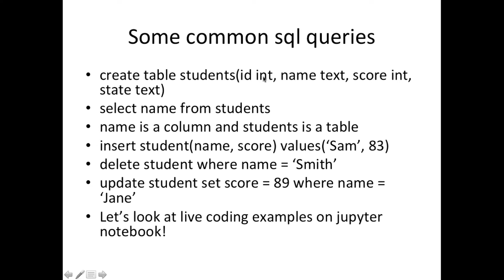And this is the type of the columns. ID takes integers, name takes text, the type for our score column is integer, and for our state is text. So this is a query to create a table: create, then table, and the name of our table, and in parentheses we pass our column names.